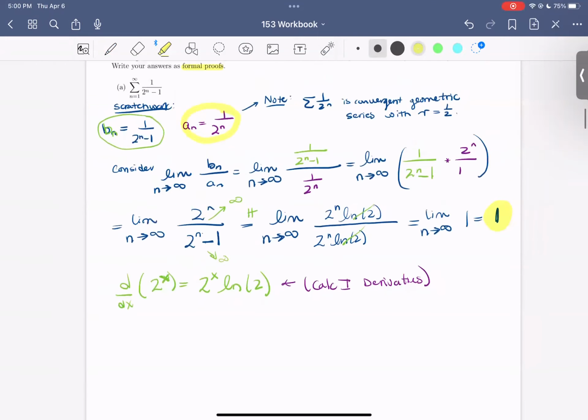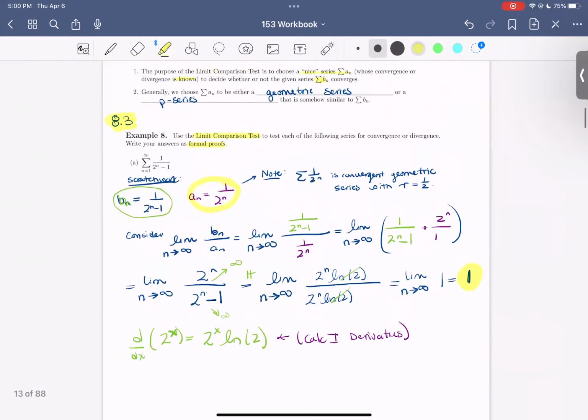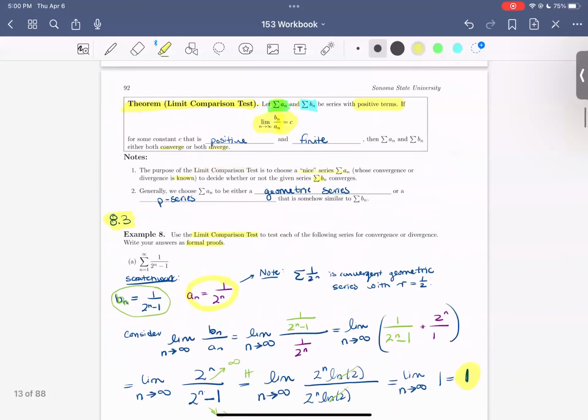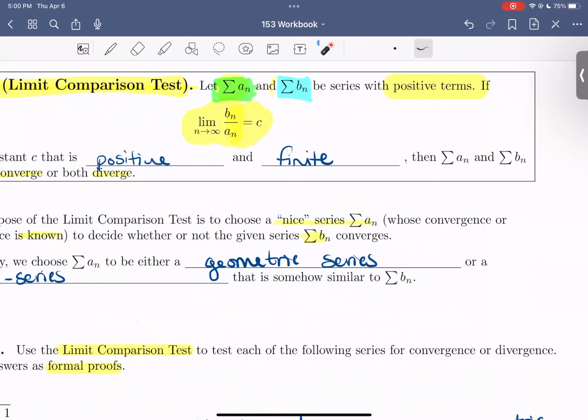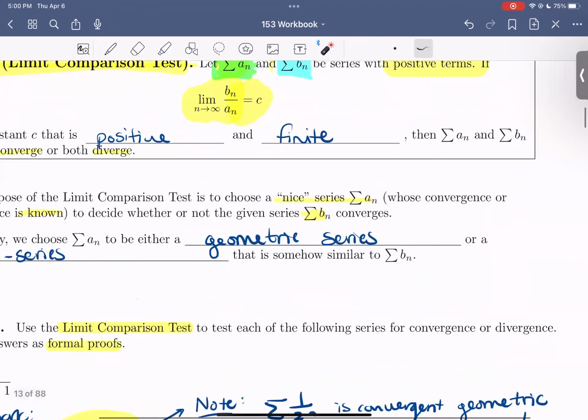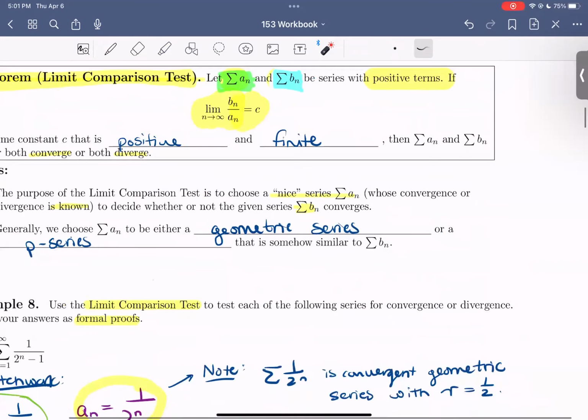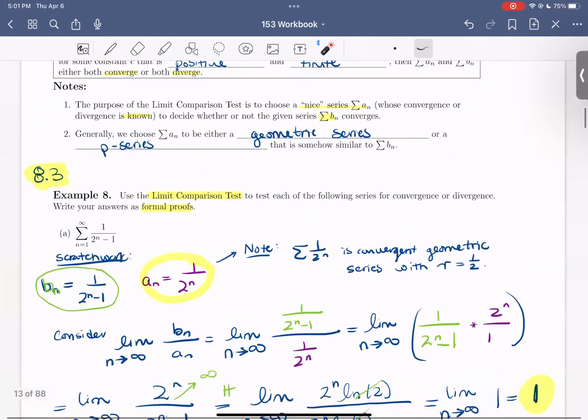So if we look at that limit comparison test, what we just found was that the limit of the ratios of the terms in the two series is equal to 1. 1 is positive and finite. So that means the behavior of the a to the n series is the same as the behavior of the b to the n series. So we'll summarize that here.